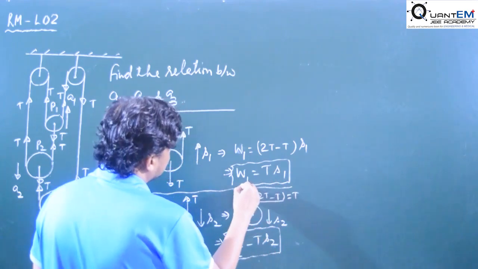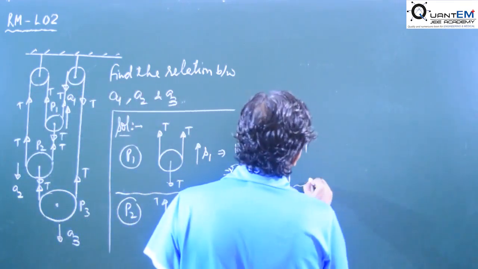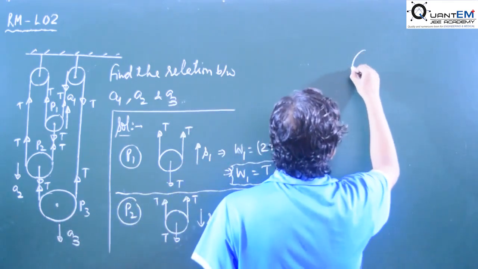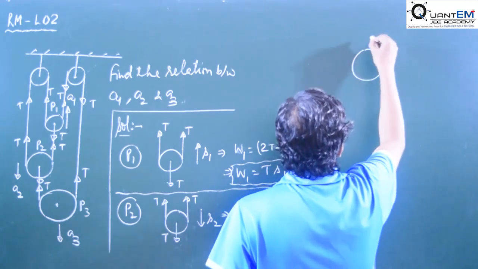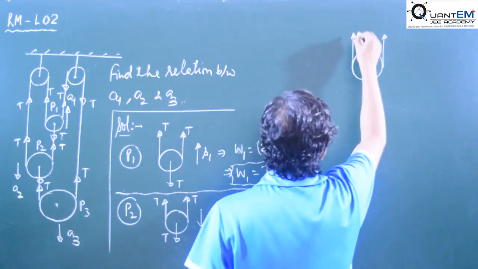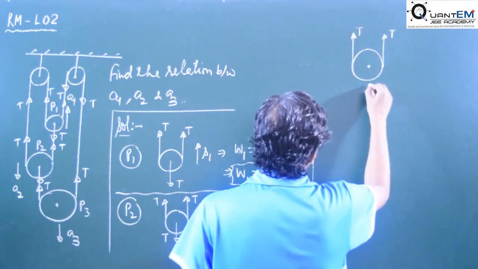Now we come to the third work, that is over this pulley. Tension T, this tension is also T, and this pulley is coming down.